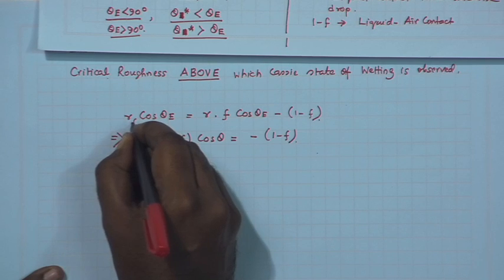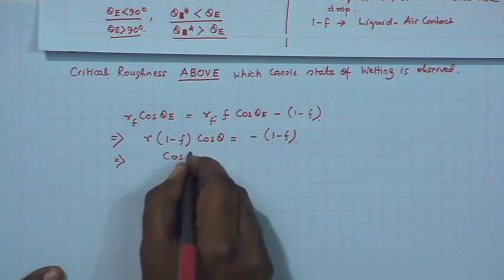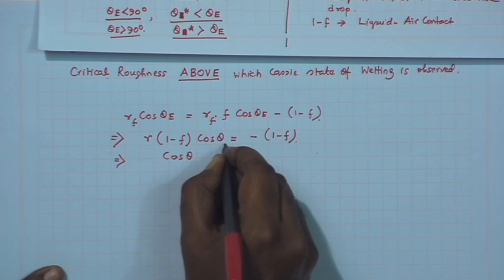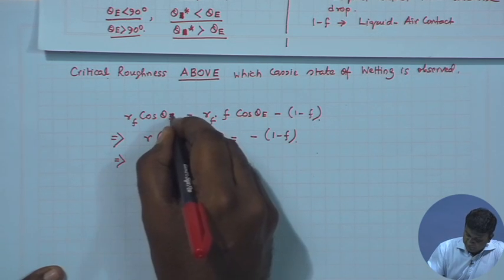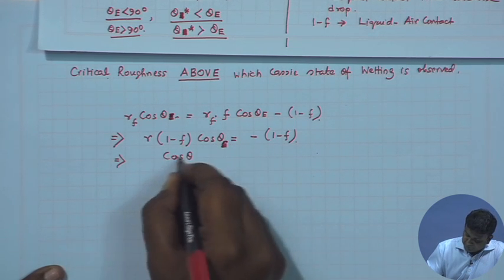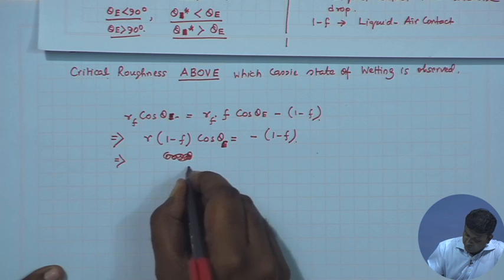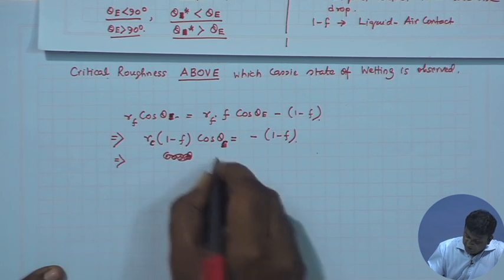and let me write Rf in both the cases. And what are we looking at? Sorry, this remains theta e. So, what you get? We are essentially looking at Rc, a critical roughness.